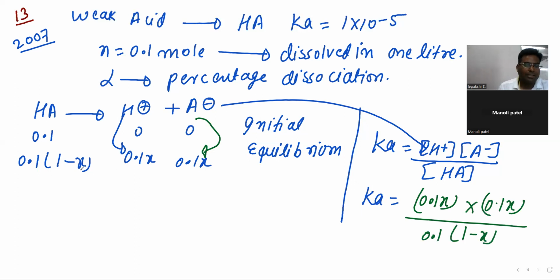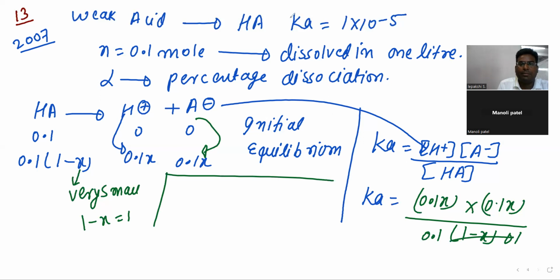As we know, x is very small, so you can neglect x. So 1 minus x will become 1. The K value is given in the question, so you can find x in a very simple manner.